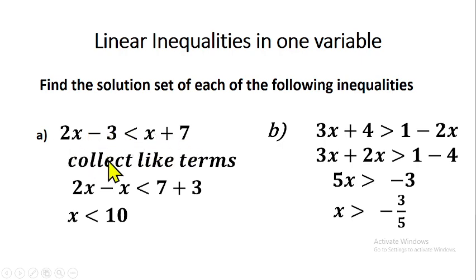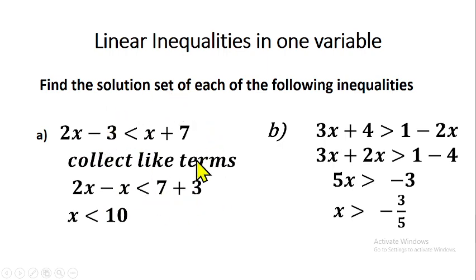You collect the like terms, and we know that when you're collecting like terms, you are moving from one side to the other, and the sign also will change, as you know from your linear equations. So when I collect like terms here, I can take this x to this side. That means I have 2x minus x. Then minus 3 comes to this side, and I have less than 7 plus 3.